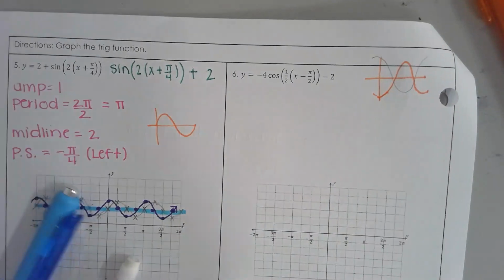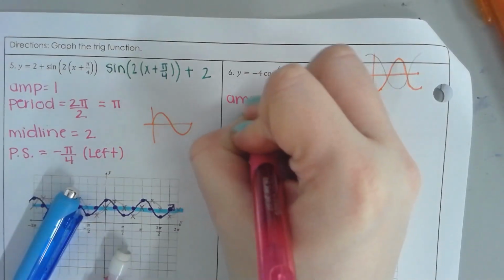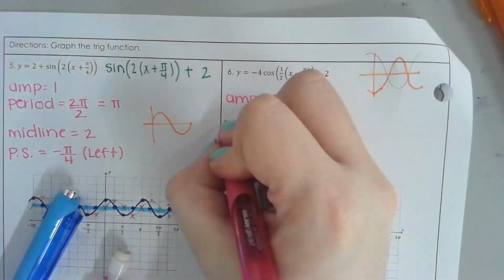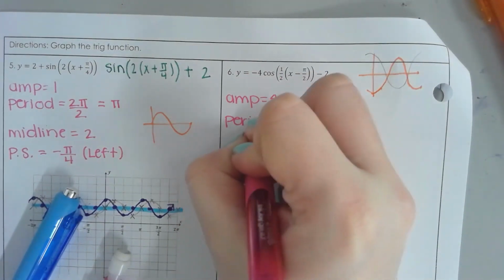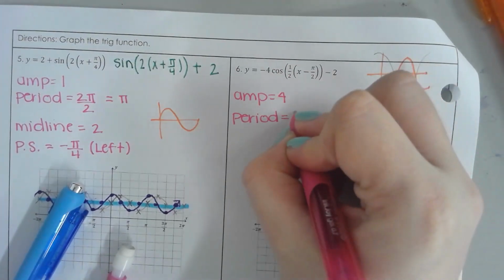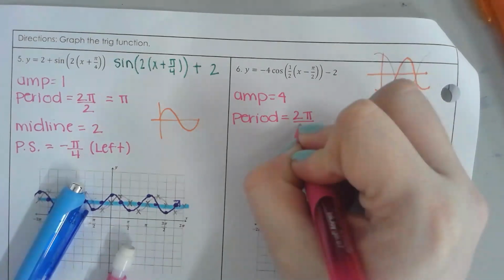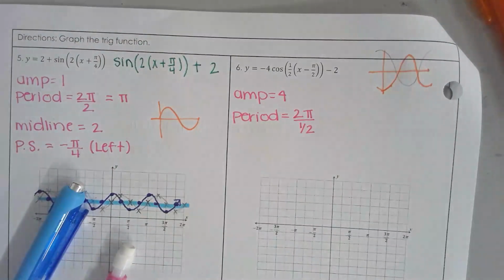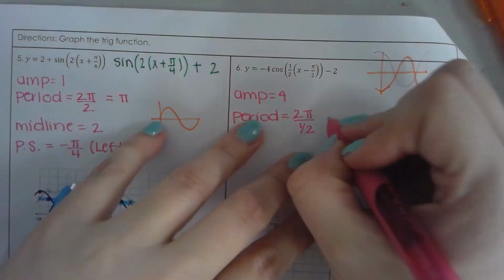So the amplitude is 4. The period is 2 pi over 1/2. Yuck. Which is what? 4 pi.